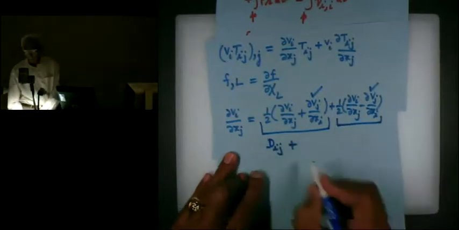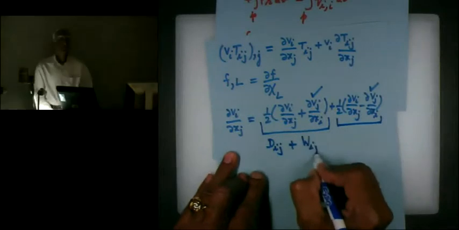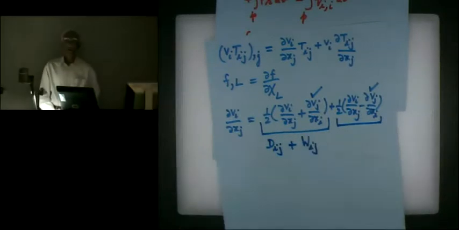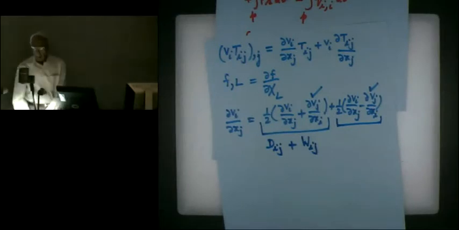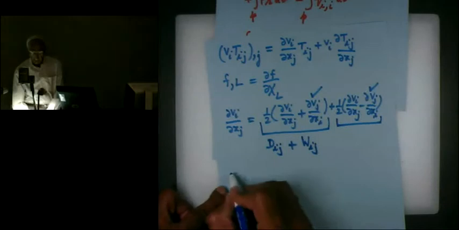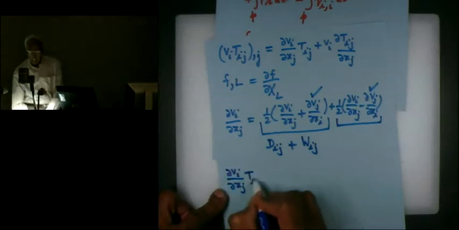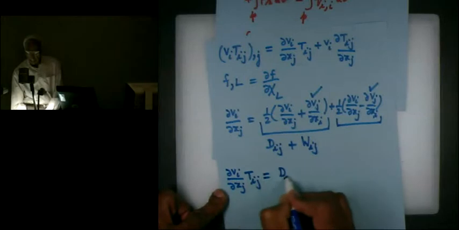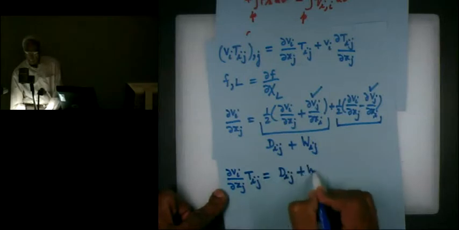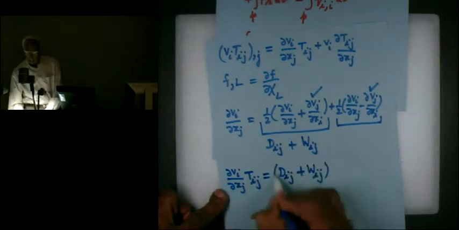So that's the spin. And W is skew symmetric and D is symmetric. Therefore, delta Vi over delta Xj Tij equals Dij plus Wij Tij.